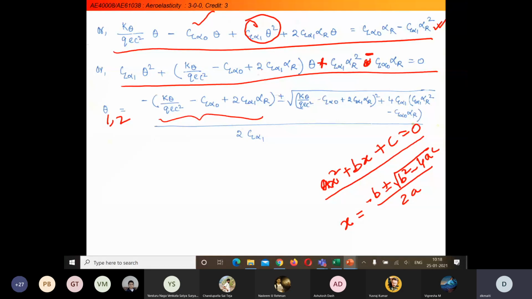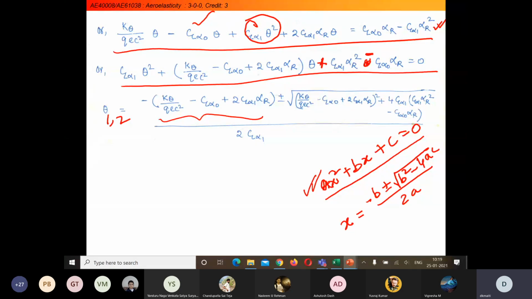So minus b plus minus square root of b square plus 4ac, that is 4 into Cl alpha 1 multiplied by Cl alpha 1 alpha r whole square minus Cl alpha naught into alpha r. This whole thing is divided by twice a, that is 2 into Cl alpha 1. This is the root of this equilibrium equation.